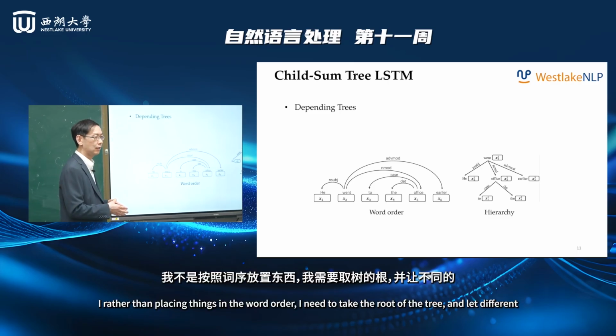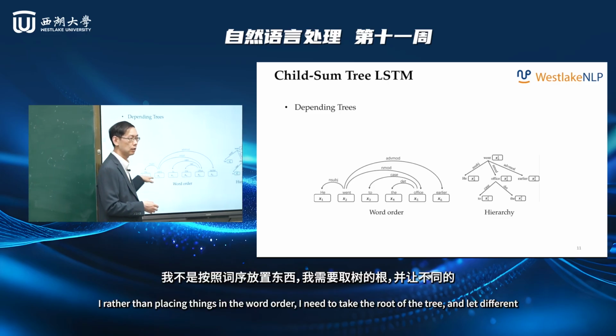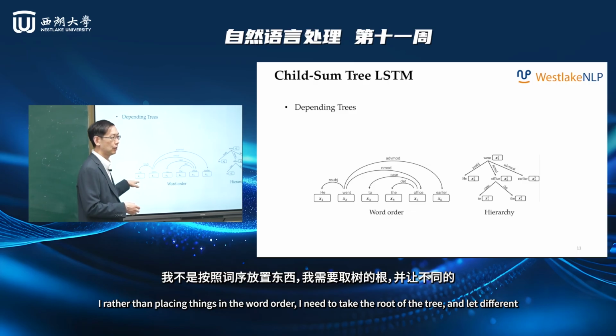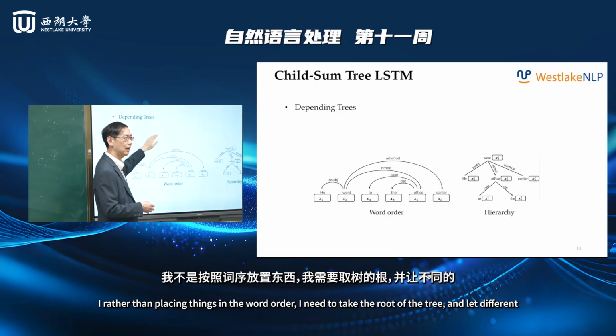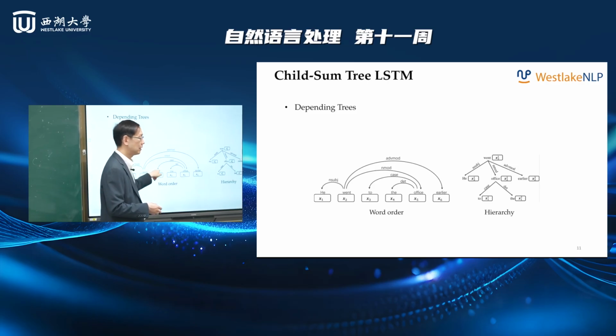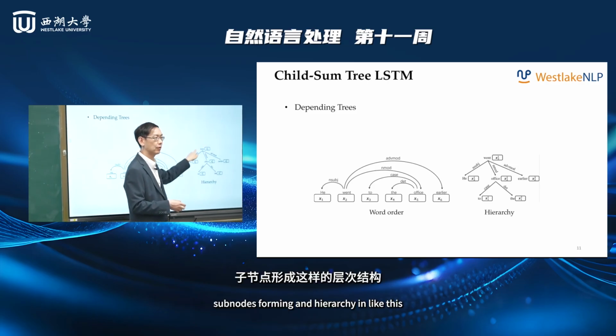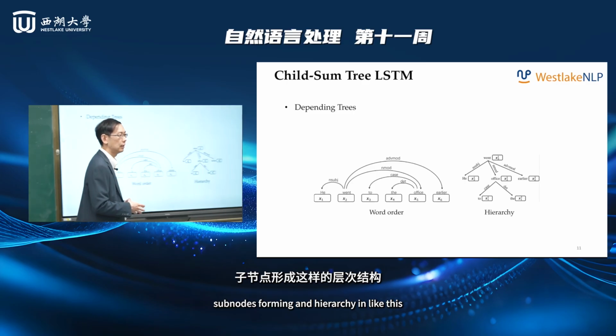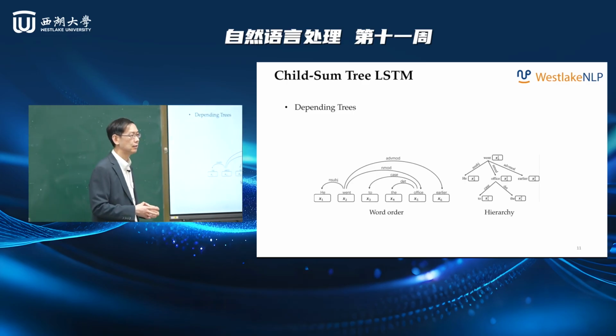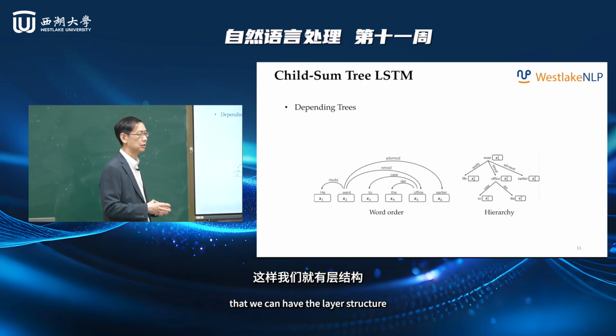Rather than placing things in a word order, I need to take the root of the tree and let different subnodes form a hierarchy like this, so that we can have the layer structure.